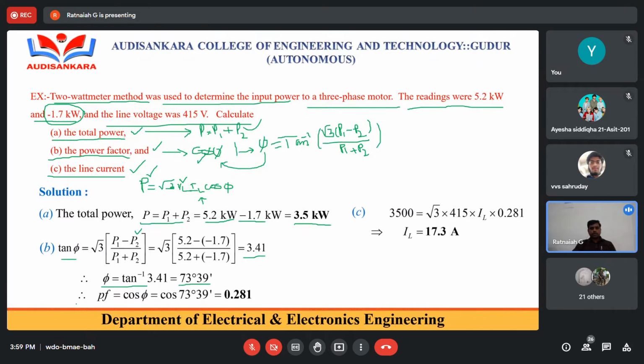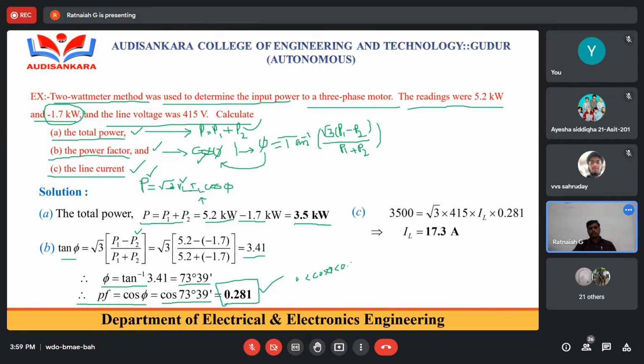Then what is its power factor? Its power factor is nothing but cos phi. Then cos of 73.39 degrees is nothing but, what is the power factor of the load? It should be 0.281. So that is cos phi, less than 0.5.